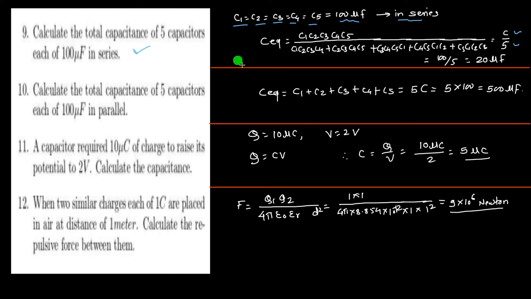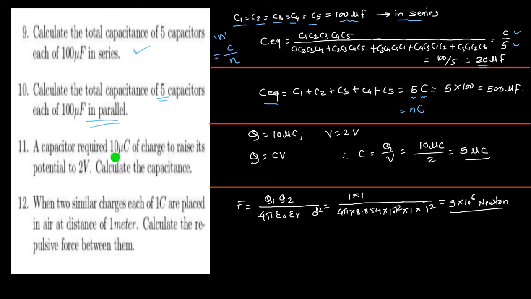When n number of similar capacitors are in series, it is C by n. When n number of capacitors are in parallel, it is nC. So n is here 5, so 100 divided by 5 comes to 20 microfarad. Similarly, if the same 5 capacitors are in parallel, then C equivalent is C1 plus C2 plus C3 plus C4 plus C5, but all capacitors are the same, so it is 5C, or you can see the formula is nC.